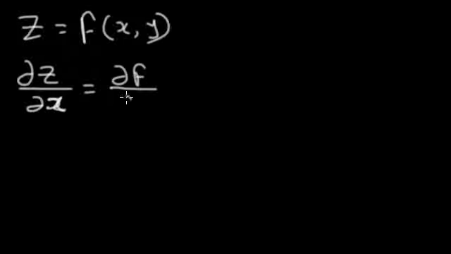Di z di x, which is the way we read it, tells us the partial derivative of z with respect to x. However, there are some other similar notations used to represent di z di x. This can also be represented as di f di x. This is the same. Similarly, you can have it as z sub x. And likewise, you can have it as f sub x.